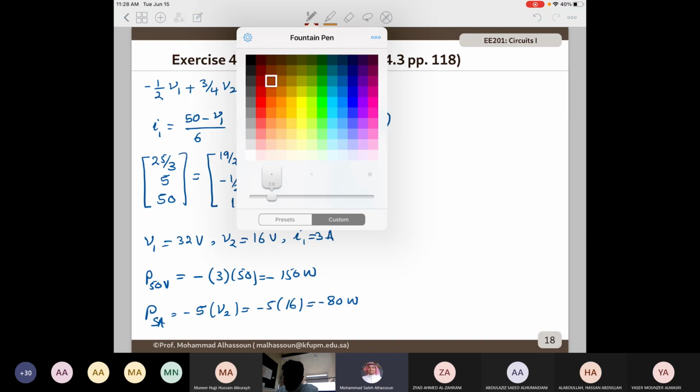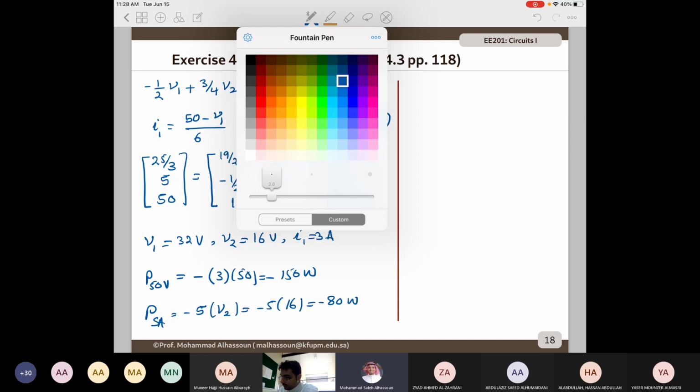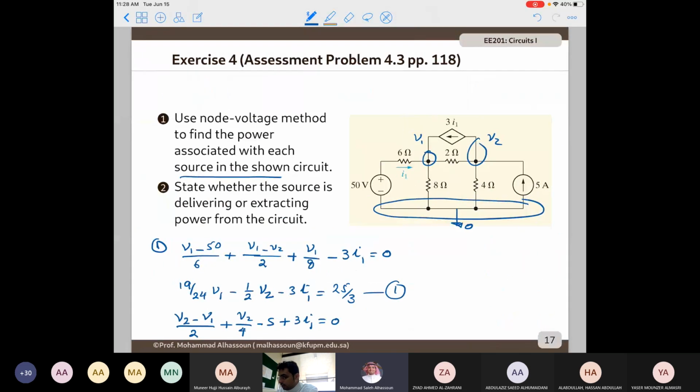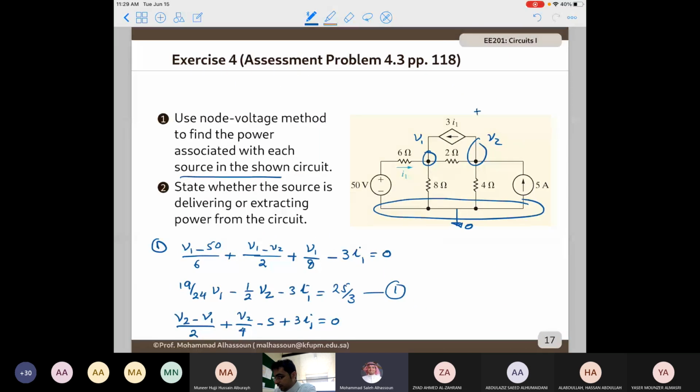And the last one is very important here. So what is the voltage across that independent source? It is going to be V2 minus V1. So the power of this one is going to be the current of the current source. And it is much easier to assume, or you can assume in any direction you want, that the current is flowing from the higher potential to the lower potential.